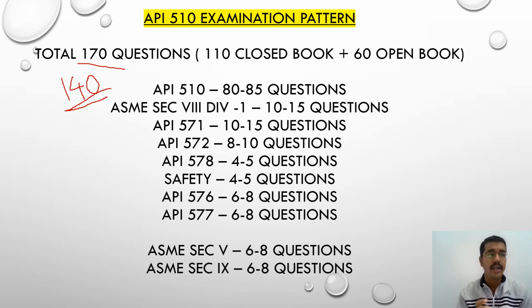So this is for all API 510, 570 and 653. Total 170 questions, 110 closed book, which may be 115 or 105, and 60 open book, which can vary to 65 or 55. Out of these, 140 are marked questions and the other 30 are not counted. Whether you answer those right or wrong, they don't carry a point.